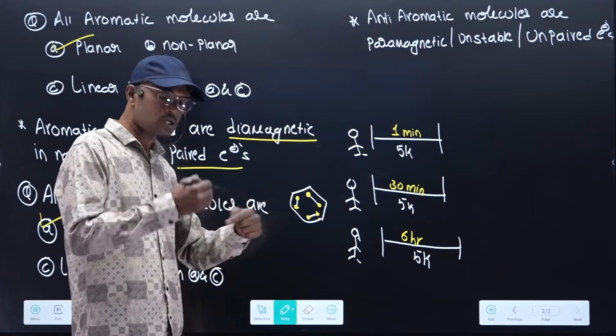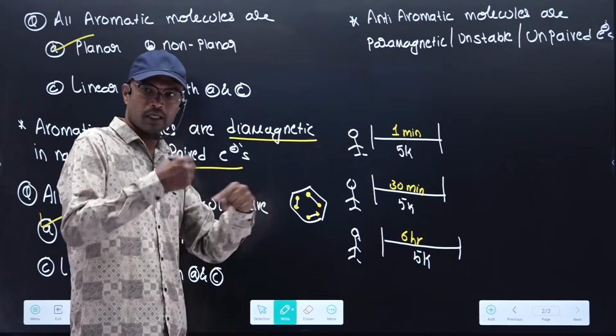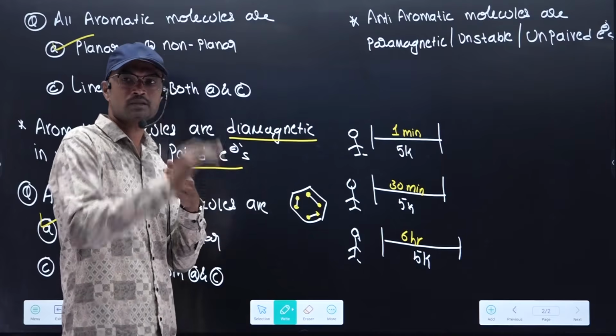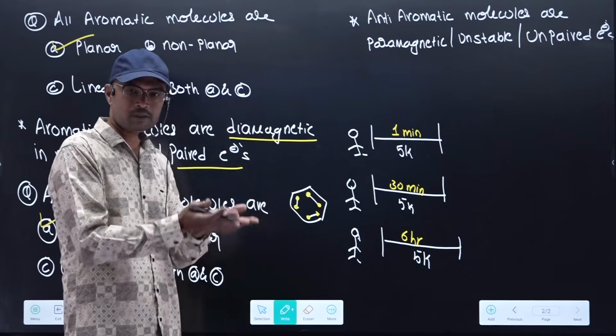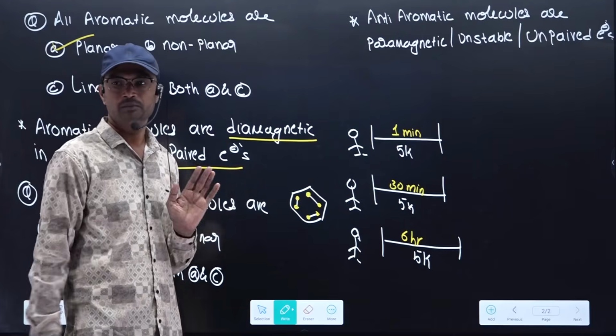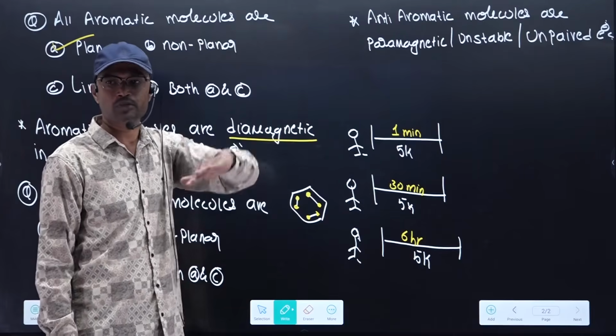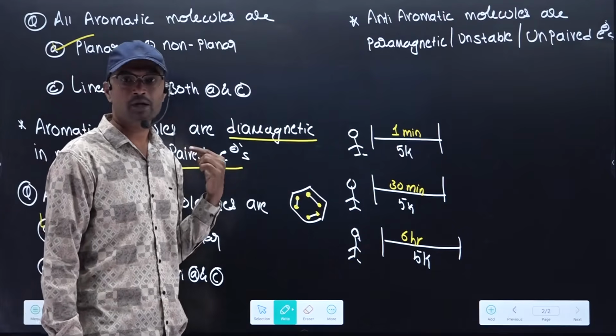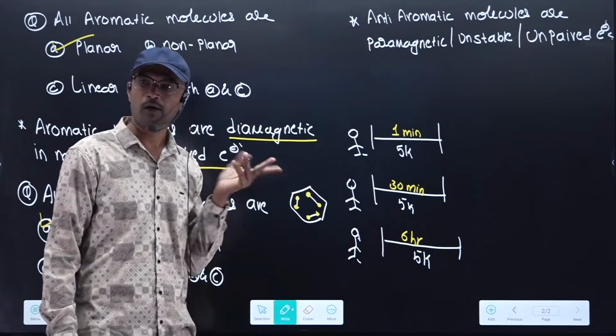Okay, here also same. When benzene electrons are delocalizing within the ring, benzene electrons lose energy. When energy is lost, the molecule becomes relaxed because it is losing energy. Finally it will be relaxed. You know activation energy, activation to ground state, same process. Anti-aromatic is not like that. Quite opposite.